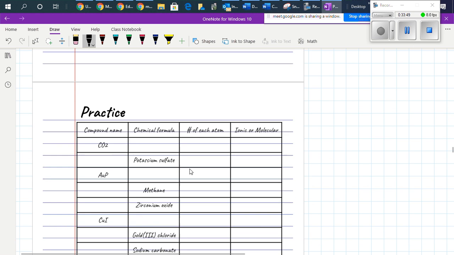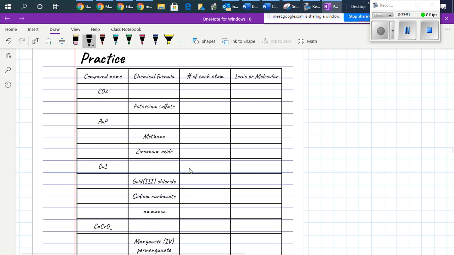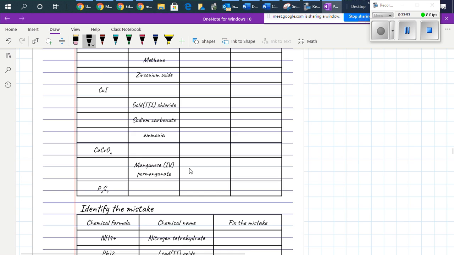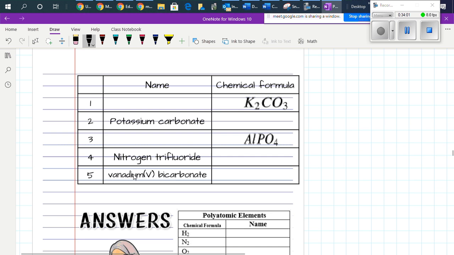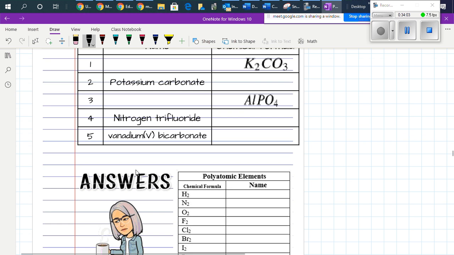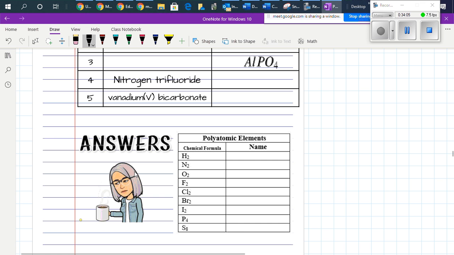Okay, you can practice on your own on those practice questions here, and then you will identify the mistake on those ones here. Keep in mind, and this is very important, that we have those that are known as the polyatomic elements.